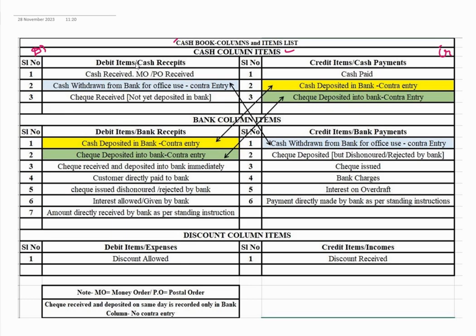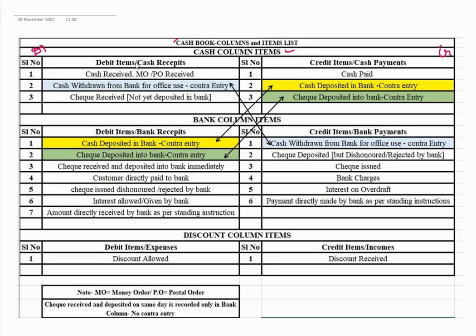That is, only cash transactions we need to record here. We have learnt in subsidiary books, when we were preparing the purchase book, purchase return book, and sales return book, that we are not recording cash purchases or cash sales in those books, right?